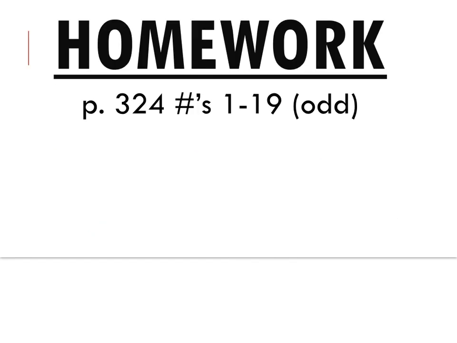This is your homework. I gave you the odds so you could kind of check as you worked. These are tricky. We've not done anything like this before. Remember, just use the variable z and let it equal whatever is yucky, whatever you don't like. So sometimes it's going to equal something that looks like this. Sometimes z is going to equal something that looks like this.